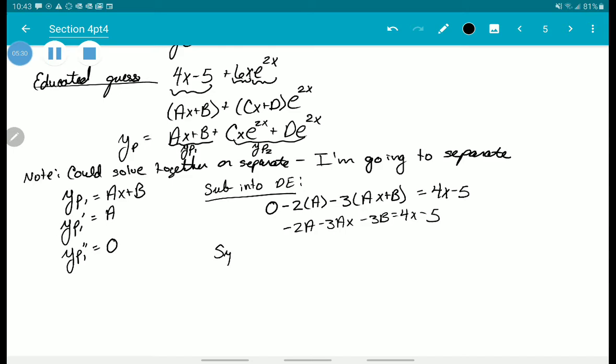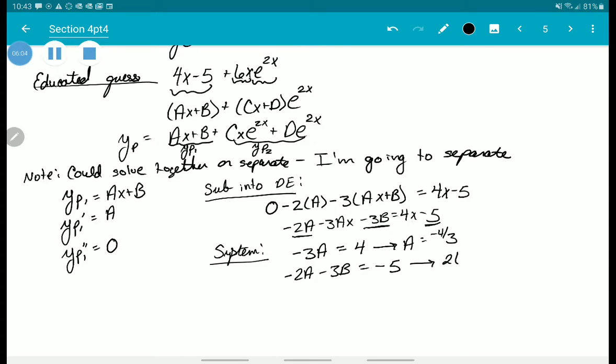So let's create our system. Comparing coefficients of x, we have minus 3a on the left and 4 on the right. So we already know a is going to be negative 4/3. Then comparing constants, we have minus 2a on the left, minus 3b, and on the right, that's going to be equal to negative 5. We can substitute in what we know and then solve for b.